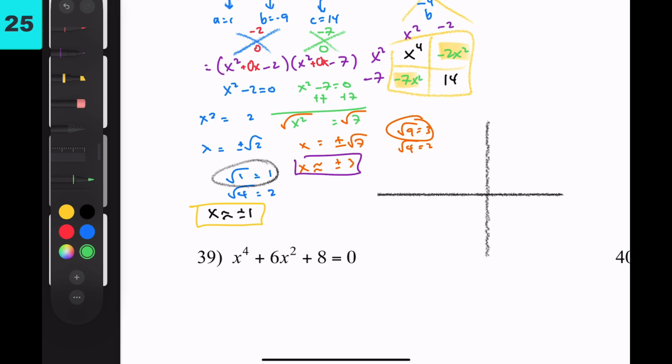Okay, so I know that the C value is the y-intercept. And I know it's a quartic, to the 4th power. So I know that the easiest one is x to the 2nd, so my arrows are going to be up.